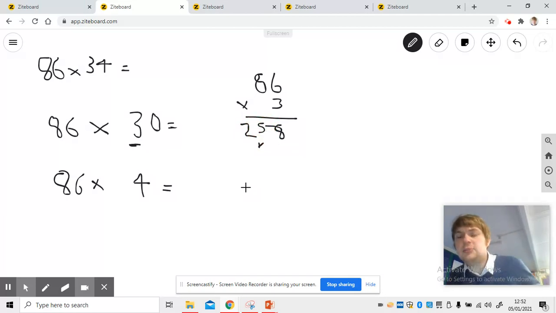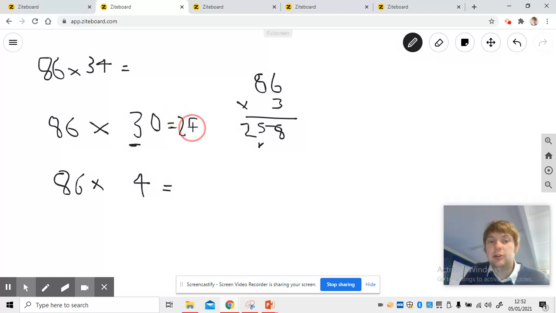But 86 times 30 isn't 258. That's the multiply by 3. But we know, just as with our 10, it's 10 times bigger if it's 30. 3 is multiplied by 10, 30. So we can add that 0 on, so we have 2,580. So 86 multiplied by 30 is 2,580.